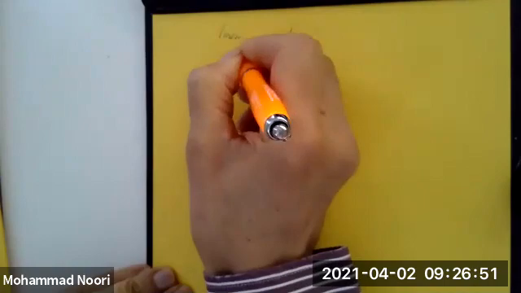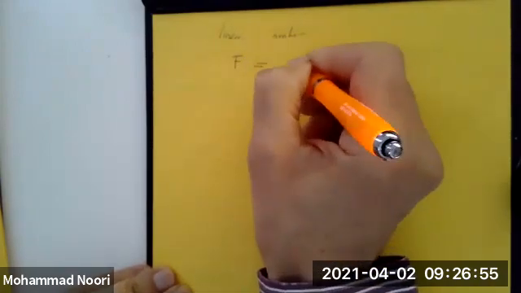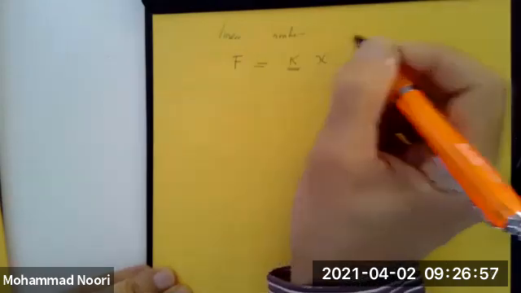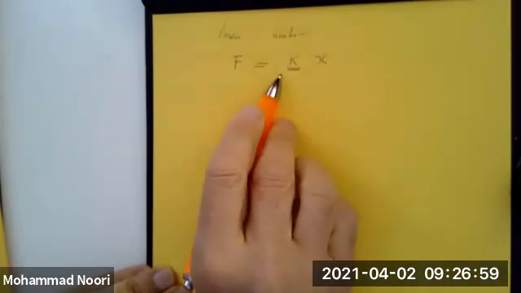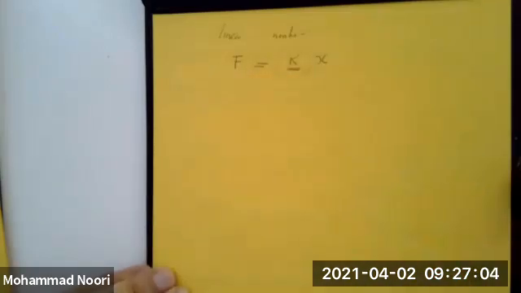That means this force can be related to this deformation either in a linear manner, that is through a constant coefficient, which we call a stiffness, or in a more complex way. So that was the strength of material.